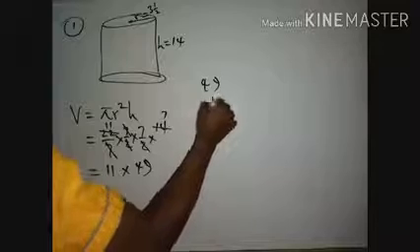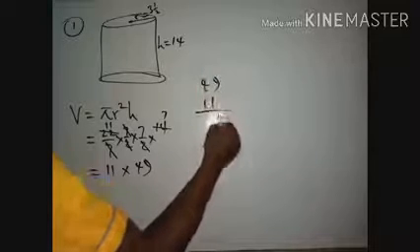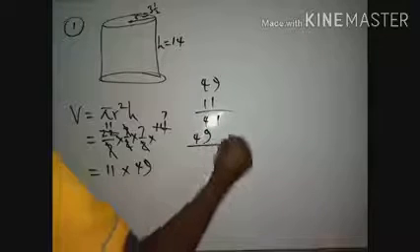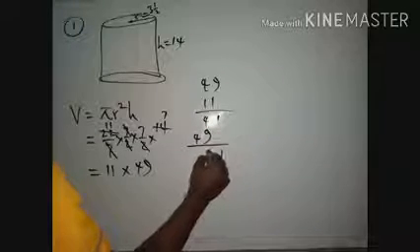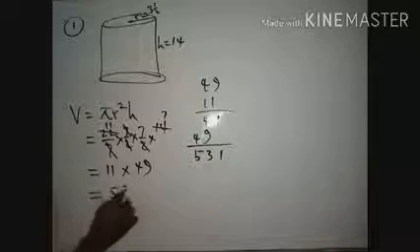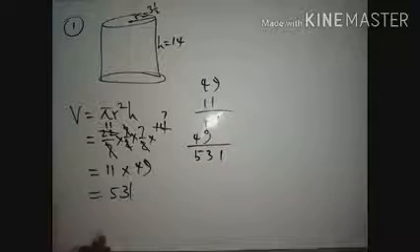Let's quickly work this out. I want you to get used to working it manually. This is 1, 4. This is 9. This is 4. When you solve this, you're going to have 1, 3, and this is 5.